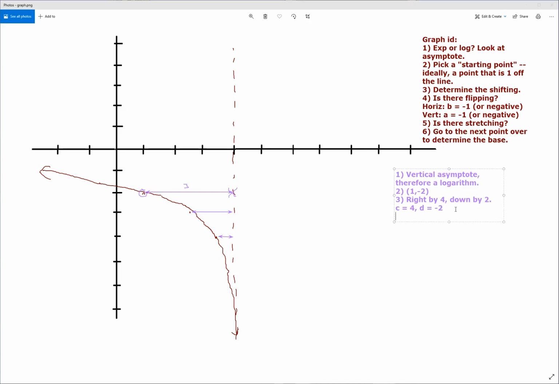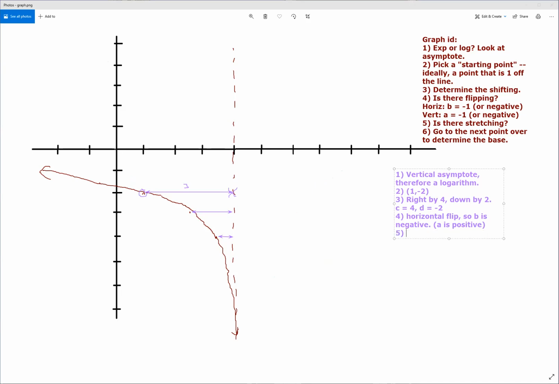Now, is there flipping? Well, a normal logarithm would have probably looked something like this, but we're over here. So is there flipping? Yeah. In which direction? Horizontal flip, so B is negative. A is still positive because we didn't flip the other way.